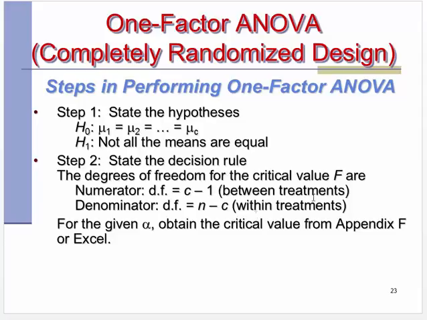That's between treatments. The denominator degree of freedom is N minus C, where N is the total number of sample sites minus the groups. So that is within treatment groups. For the given alpha, you can obtain a critical value from appendix F, or from Excel.